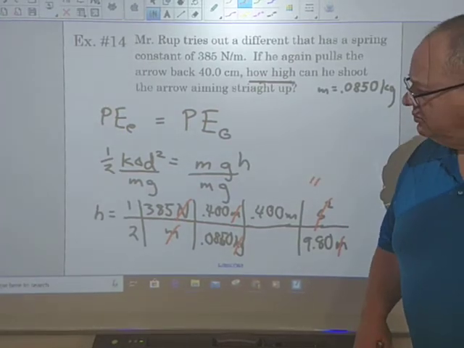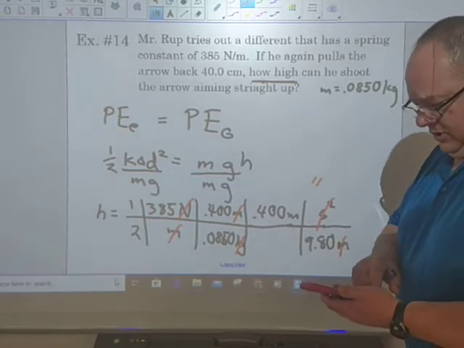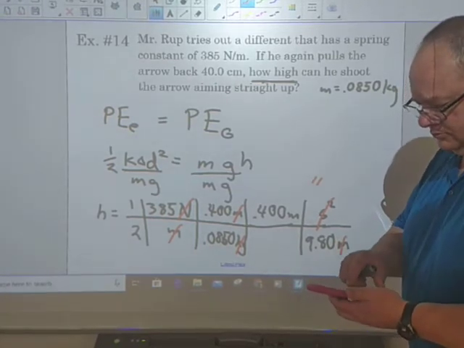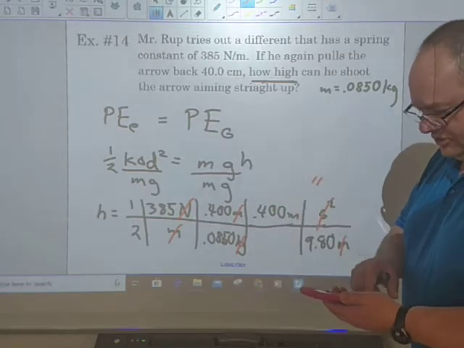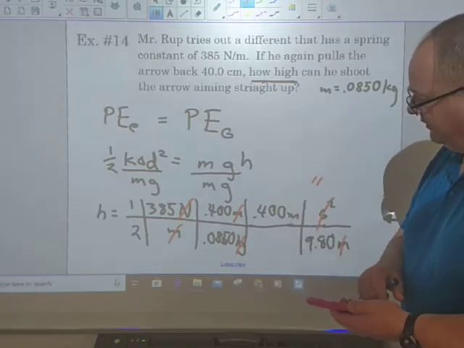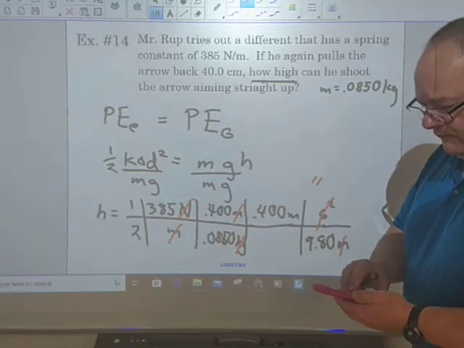So I'm going to go through and take, let's see, I'm going to start with my 385, and I'm going to divide by my 2 so I don't forget that.